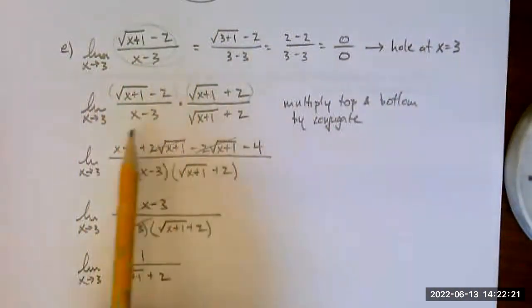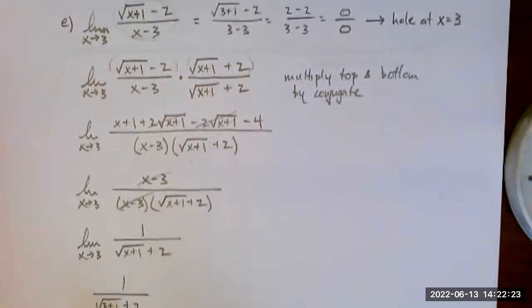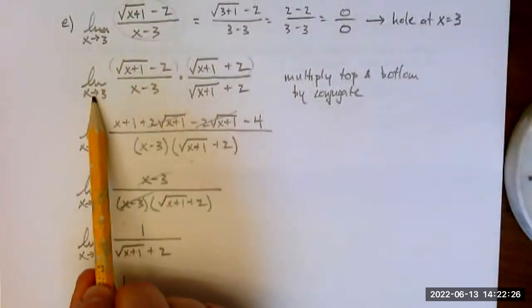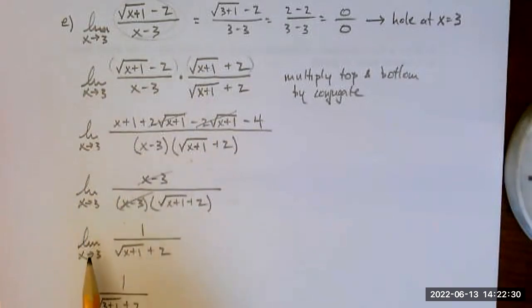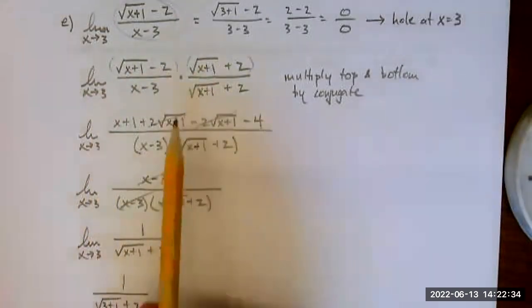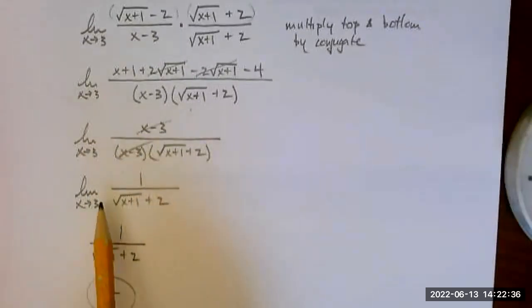But when I start going through the algebra, notice you always repeat the limit as x approaches 3. I'm always repeating that in every step until I actually plug the 3 in.